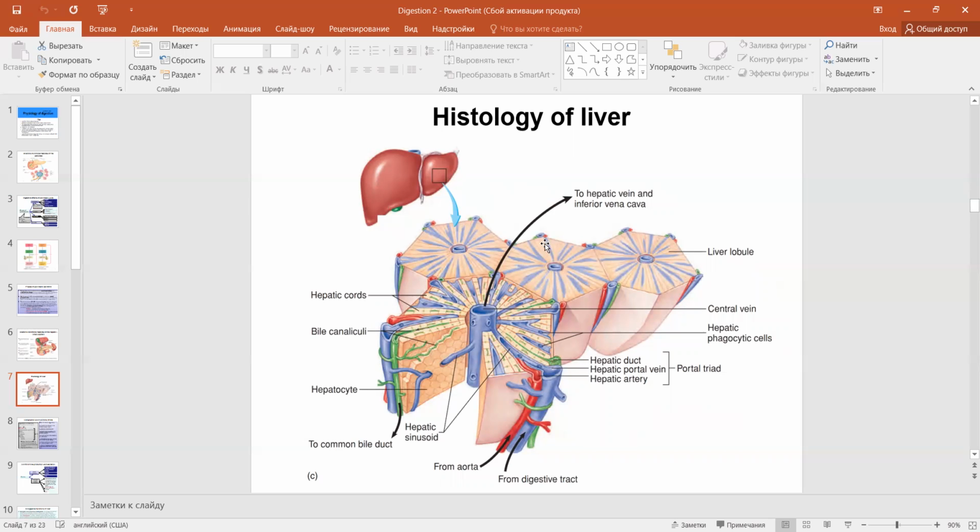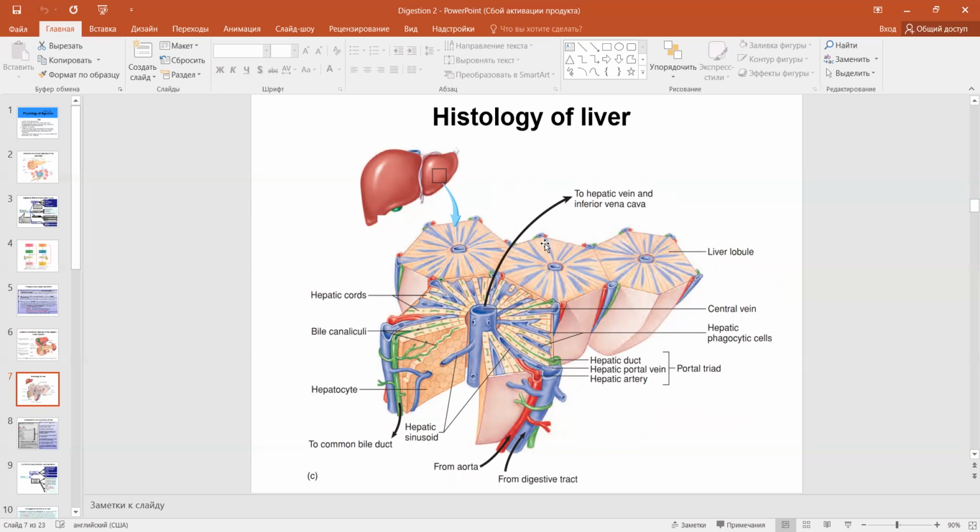The liver is organized into functional units known as lobules, which are hexagonal arrangements of tissue surrounding a central vein. At each of the 6 outer corners of the lobule are 3 vessels: a branch of the hepatic artery, a branch of the hepatic portal vein, and a bile duct.